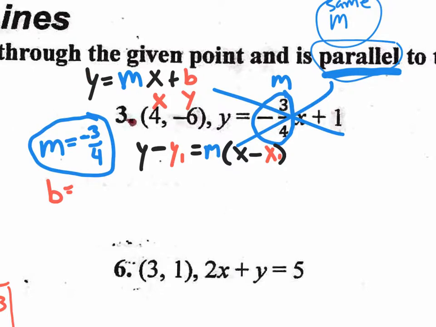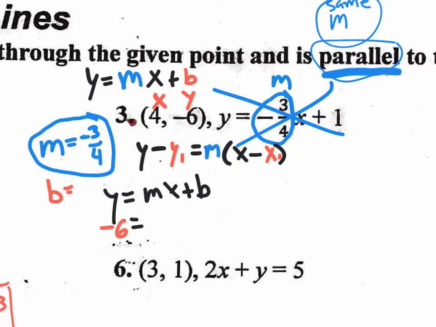Okay, slope-intercept form. So what do I have so far? I have a slope, I need an intercept, and I do have an x and a y value. So what I'm going to do is rewrite my y equals mx plus b equation, y equals mx plus b, but instead of my y value, I'm going to plug in my y value of negative 6.